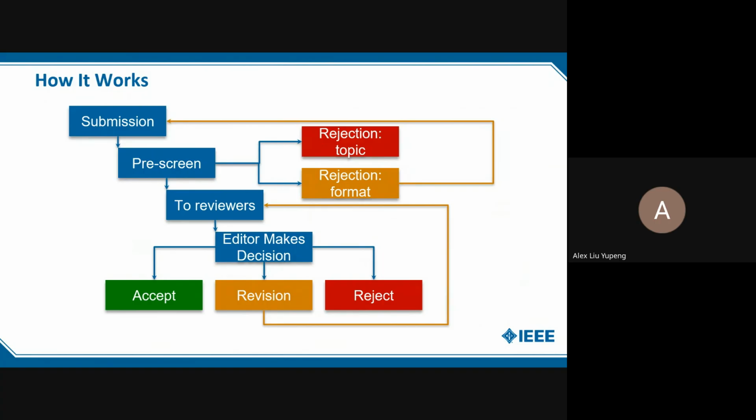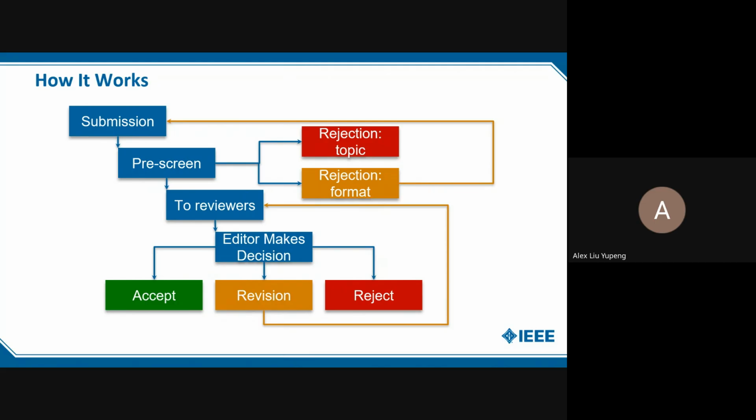They're just looking at what topic your paper is related to and what the format of the paper is. So if the topic is not what the journal is covering, then there's no point to continue for the peer review, right? And you will notice that if there's something wrong with the formatting of the paper, you can still go back and resubmit the paper again.